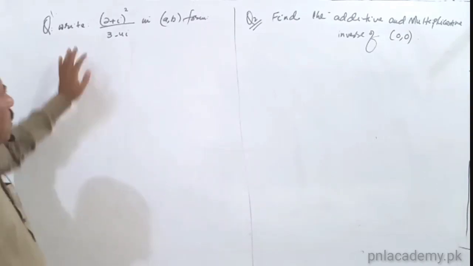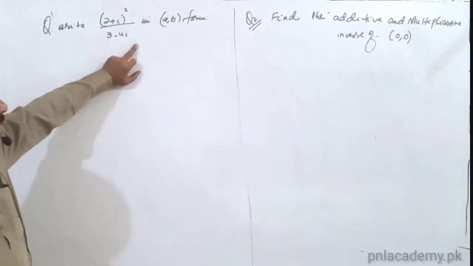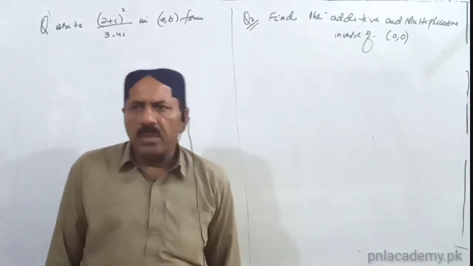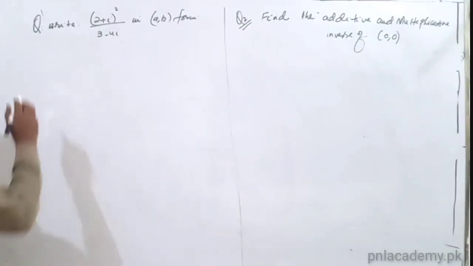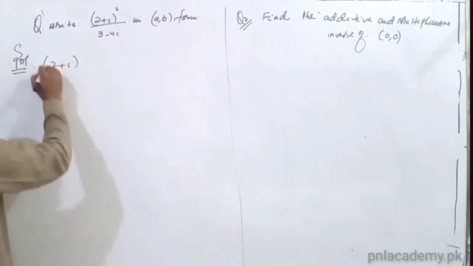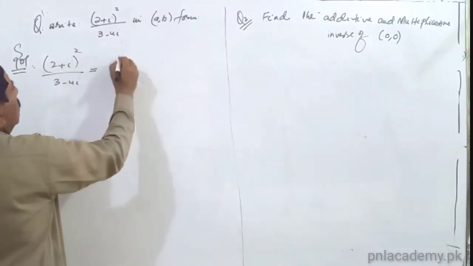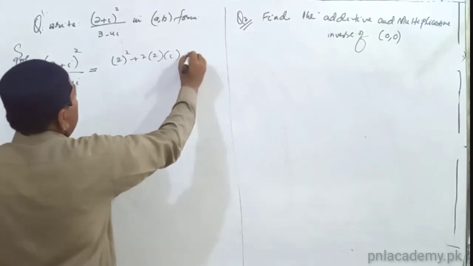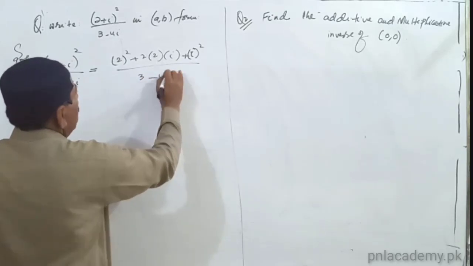Okay. We have to write (2 plus iota) whole square upon 3 minus 4 iota in a comma b form. Means we have to write this number according to the complex number system, its real and imaginary part. Solution: (2 plus iota) whole square upon 3 minus 4 iota is equal to 2 square plus twice of 2 and iota plus iota square upon 3 minus 4 iota.